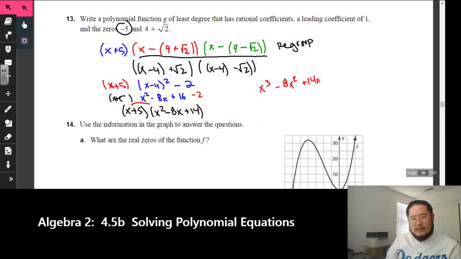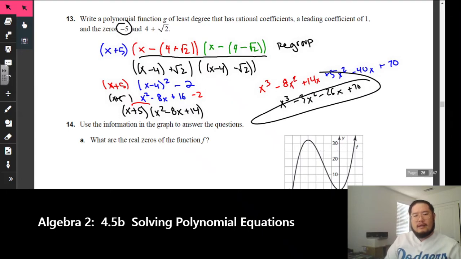We have ourselves plus 5x squared minus 40x and then plus 70. We'll simplify this all together, combine like terms. Looks like we got x to the third minus 3x squared minus 26x plus 70. And that right there is the polynomial with these as your zeros.